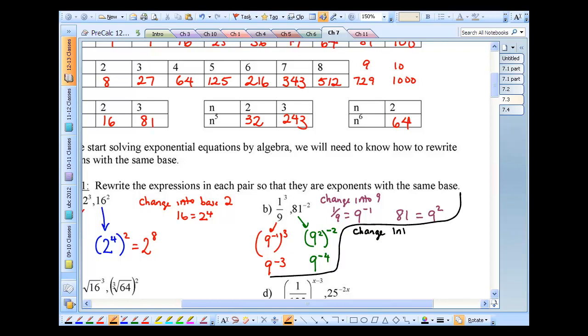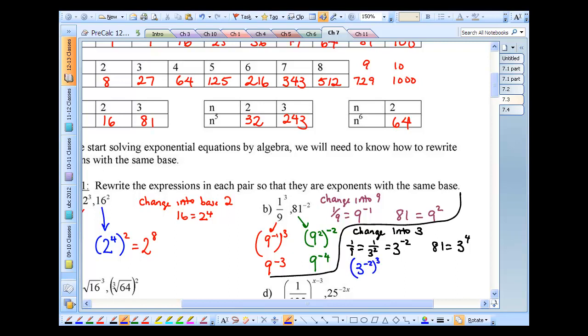We can change into base 3. So 1/9 would be the same thing as 1 over 3 squared, which would be 3 to the power of, you guessed it, negative, so negative 2. And then 81 is the same thing as, I think, 3 to the power of 4. Look at the chart up above. And if you did this scenario, you'd have here now 3 to the negative 2 raised to the power of 3.